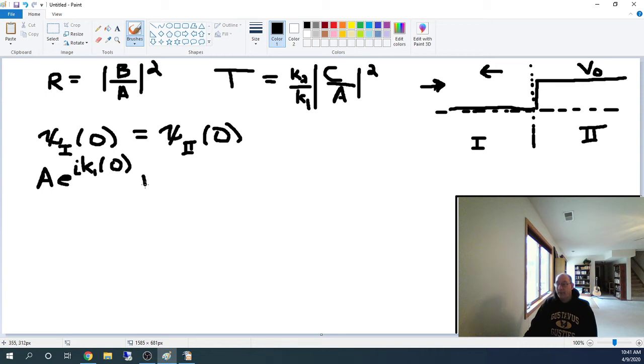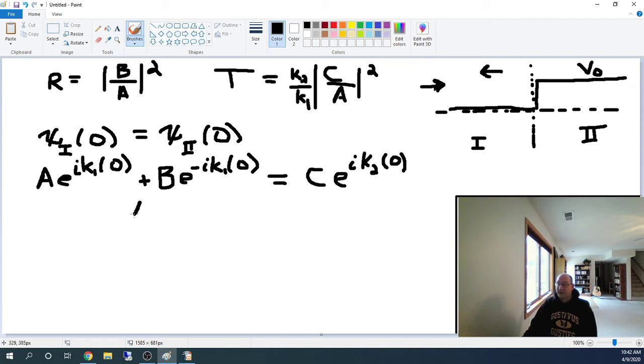Okay, and then we also had B, this is in region 1, remember, times e to the negative i k1 x. But that really doesn't matter because, again, we're going to multiply by 0, and it's e to the 0 again as well. And then you get the same sort of expression in region 2. Remember that one was C times e to the i k2 x, only right-moving particles now. But again, it's e to the 0.